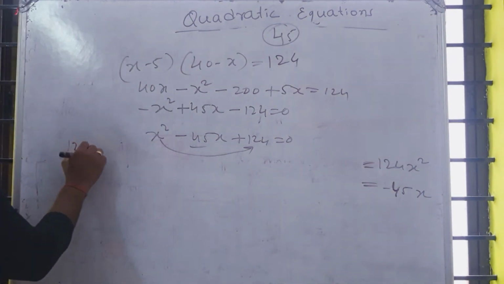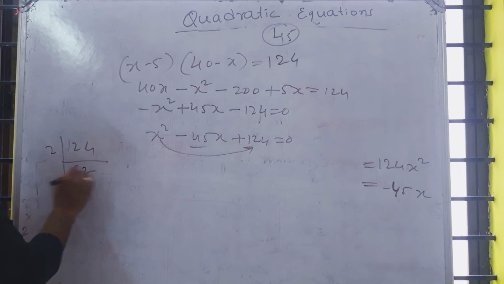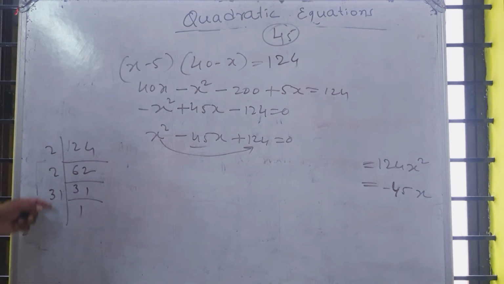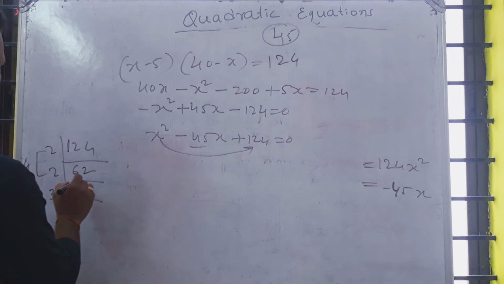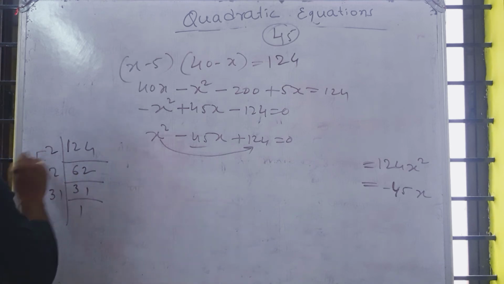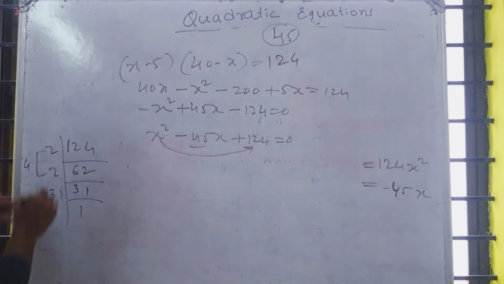Let us see, 124: 2 2s are 4, 31 4s are 124, and 31 plus 4 will not be 45. In which table do we get 31?